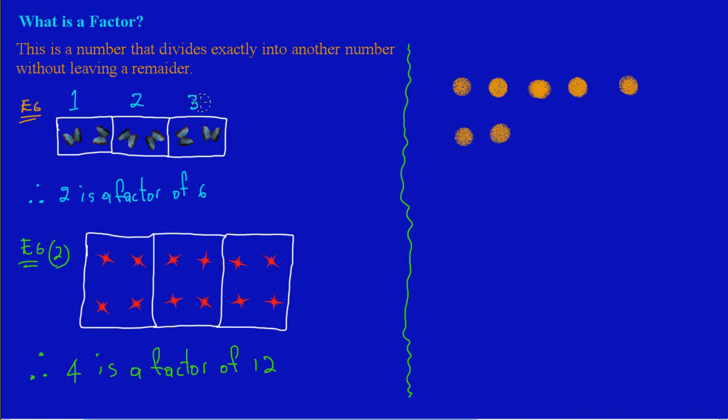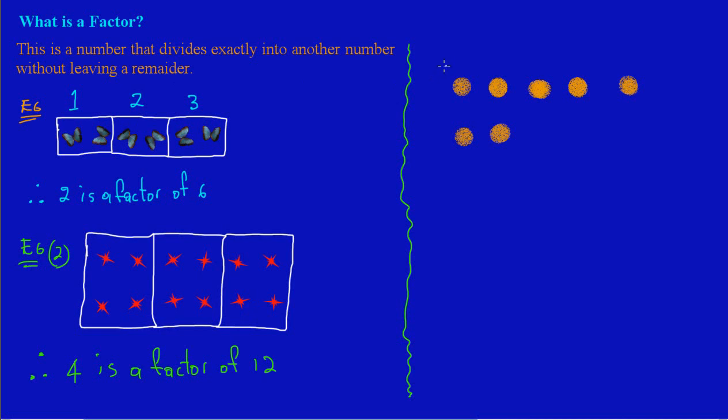And a friend of mine asked me if 3 is a factor of 7. Then let me try. I would have to divide my oranges into groups of 3s. All groups should have 3 oranges in them.